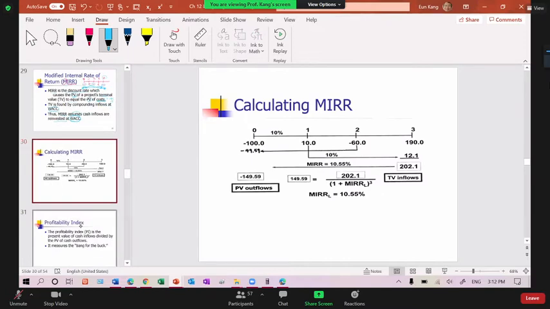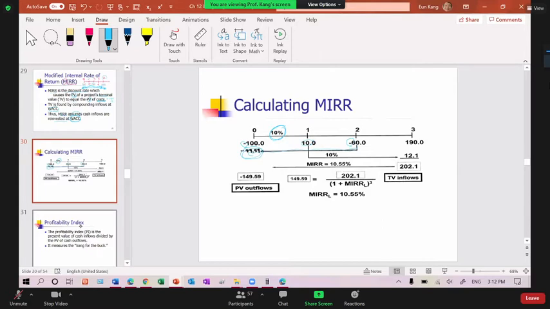When you see this one, we have a negative cash flow, and then a negative cash flow again, right? And then this is positive. The negative cash flow, you have to move back to time 0 using the cost of capital, WACC.